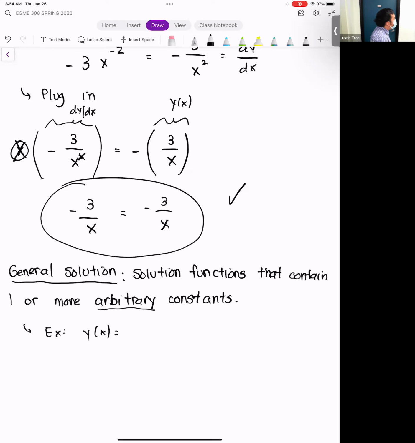What you might often see is that your y of x, in the previous example, we had a 3 up top, but instead of a 3, you might have a c. This c is basically any arbitrary constant. So it could be 3, it could be 5, it could be 7, it could be 1,337. It could be anything.